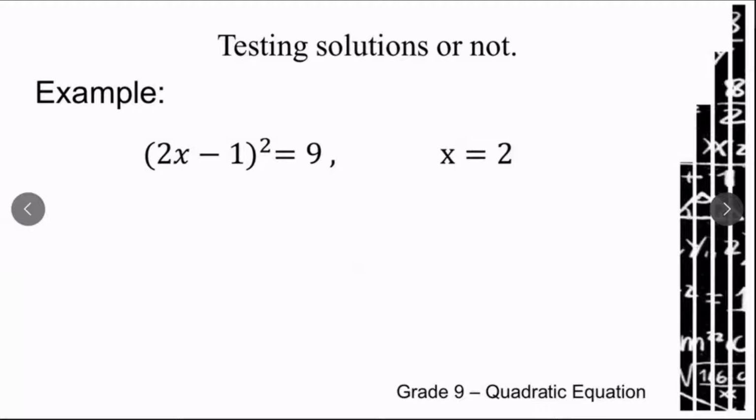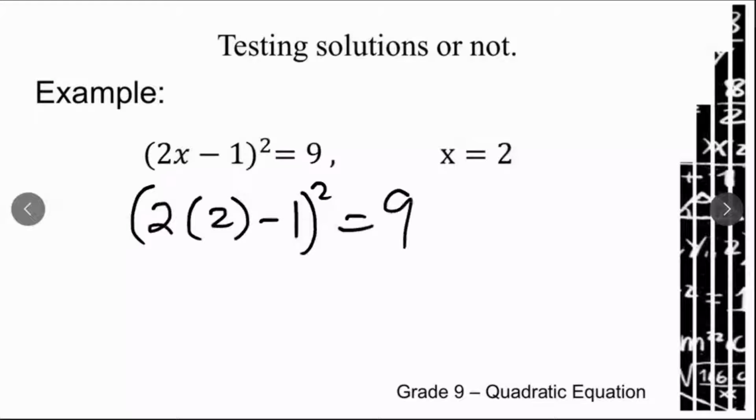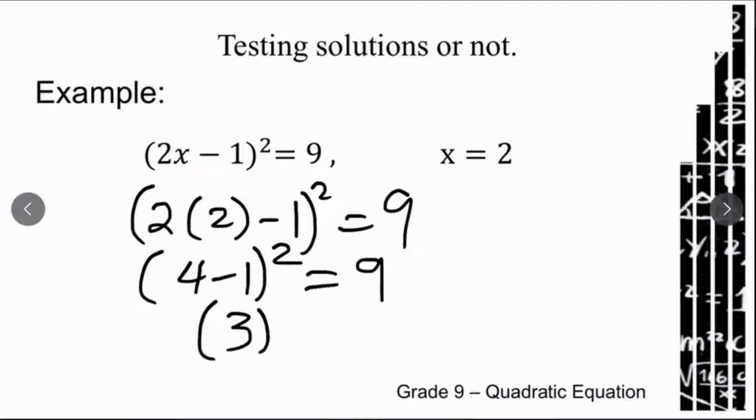We have 2 multiplied by (2x − 1)² = 9. Simplifying the value inside the parentheses, 2 times 2 is 4, minus 1, squared, is equal to 9. Simplifying further, 4 minus 1 is 3, then squared is equal to 9. And lastly, 3 squared is 9, which is equal to 9.